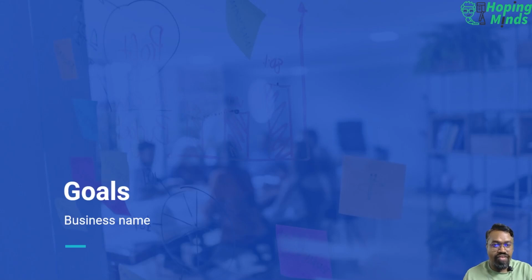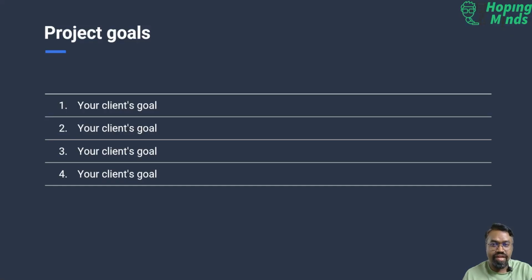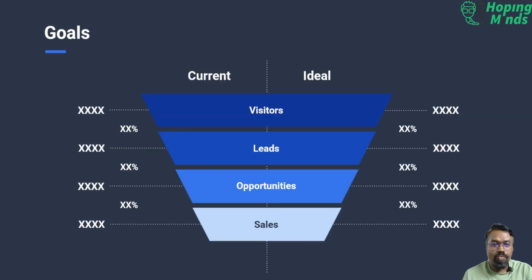Now, after competition analysis, we need to make sure that we set their goals, right? We can again be a bit smarter in the interview or in the meeting with the client earlier. We should ask their business goals, and accordingly, we need to mention those business goals over here, right?